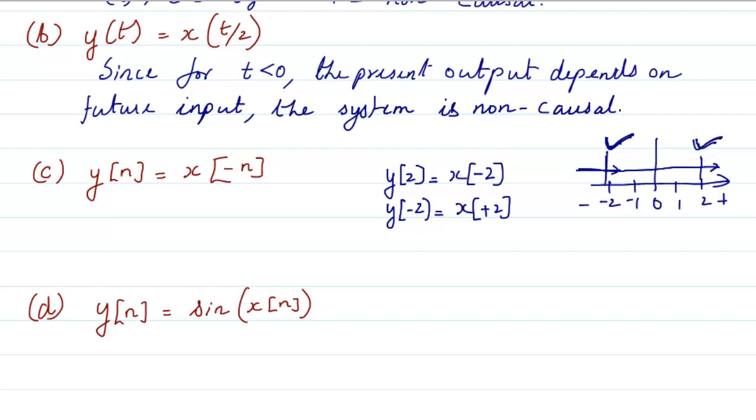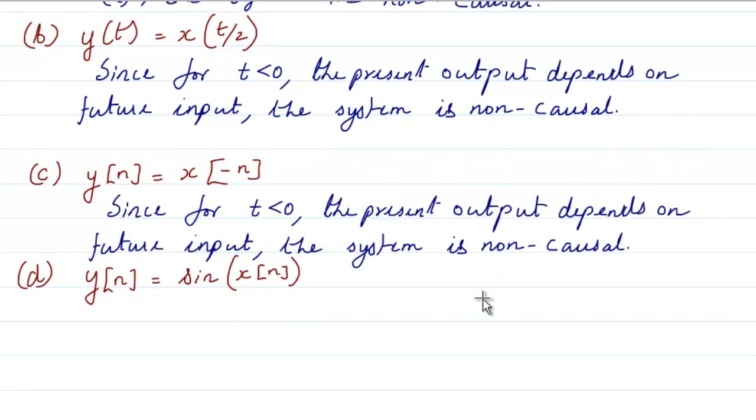That means its value depends on some future value of x. So again, the system is non-causal. Just like I wrote in the above case, I will write the same statement here: since for t less than 0, that means the negative values of t, the present output depends on future input, the system is again non-causal.